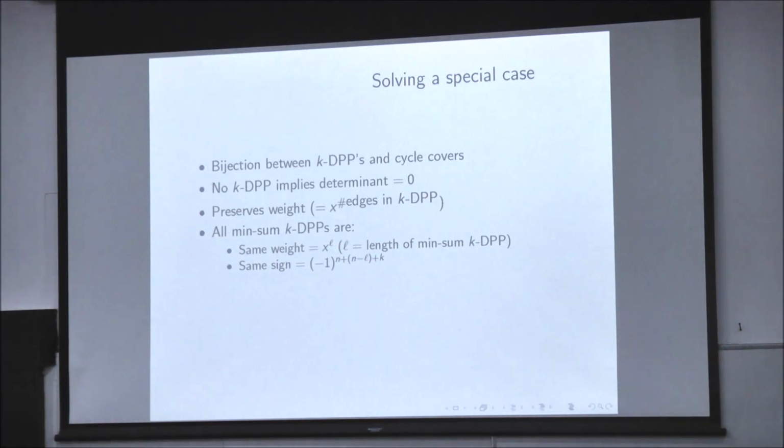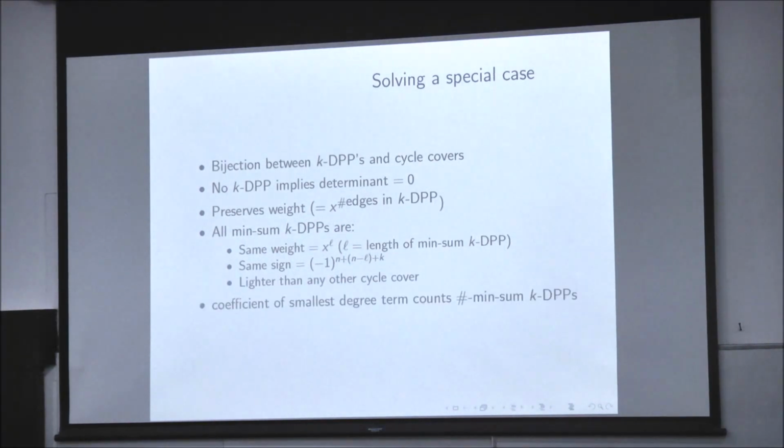So all the minimum KDPPs have the same sign, which has the good effect that none of these terms cancel out, and therefore the coefficient of the smallest degree term counts the number of min sum KDPPs.